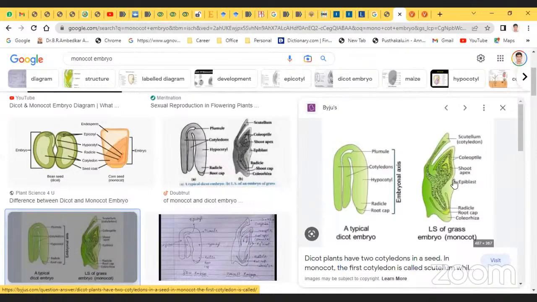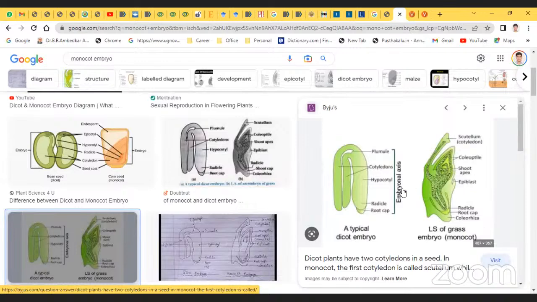This one is the monocot embryo. So here just identify some major parts, just recognize them. We will discuss later how the monocot embryo develops, what stages occur in the development of the monocot embryo and dicot embryo. Same radicle and root cap.